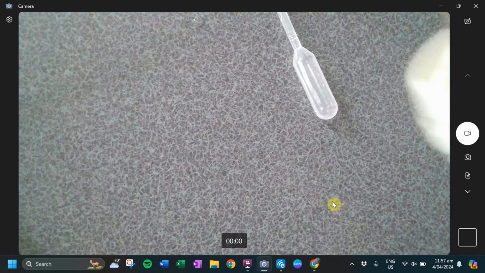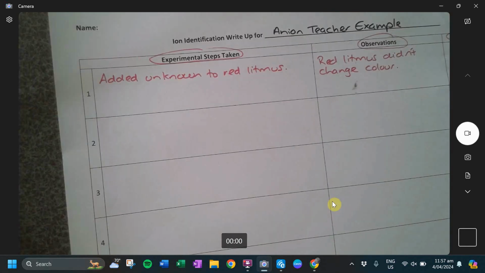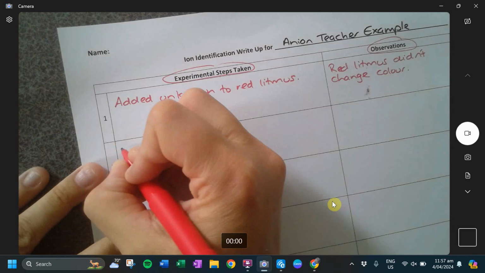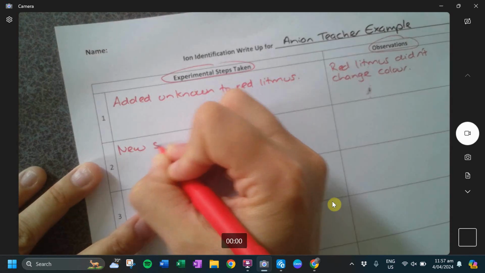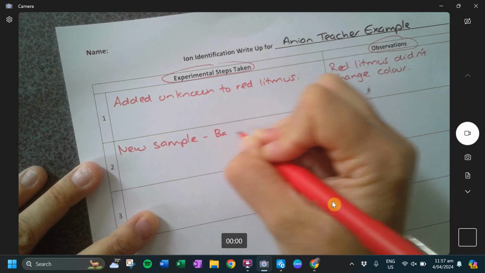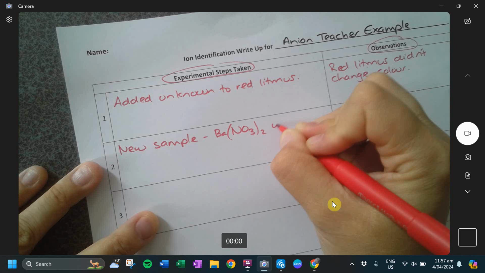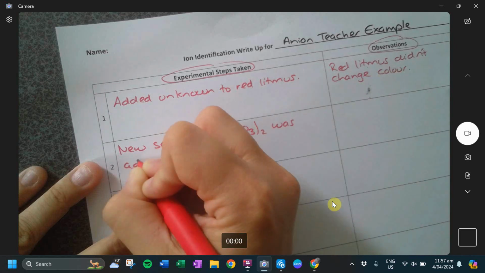All right. So when we are writing up what's going on, we go new sample. Oh man, that's wet. Didn't realize that was wet. All right, so we had a new sample. Barium nitrate was added to unknown.